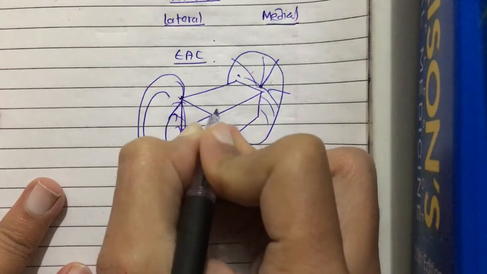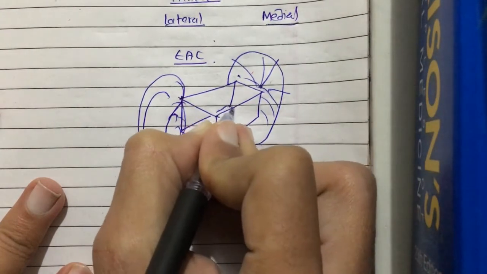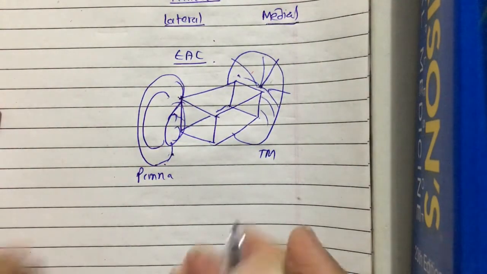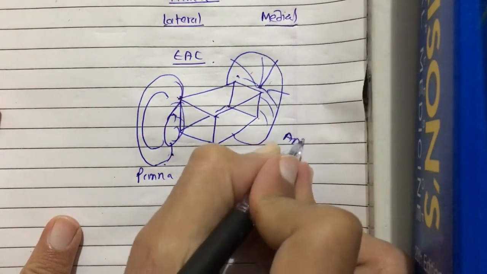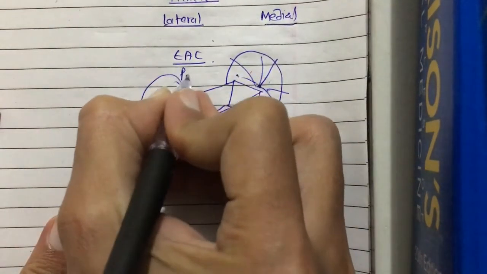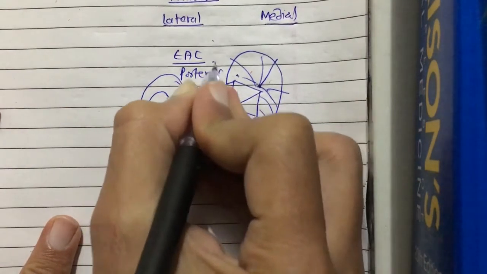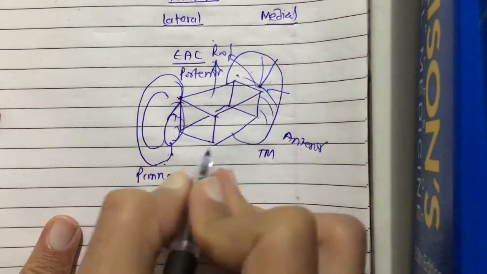So it has 4 surfaces. This is the anteriormost part, this is the posterior part, this upper one is the roof, and this is the floor.